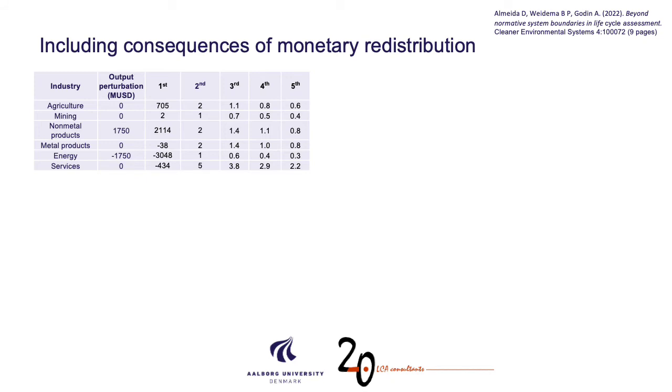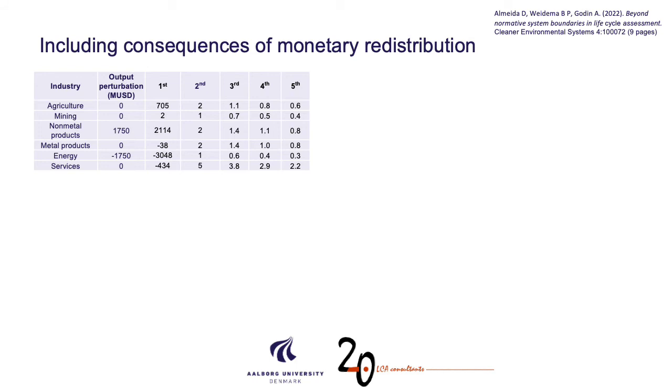Here a perturbation of 1,750 million US dollars, so $1.75 billion, moving from being spent on energy, instead being spent on non-metal products.